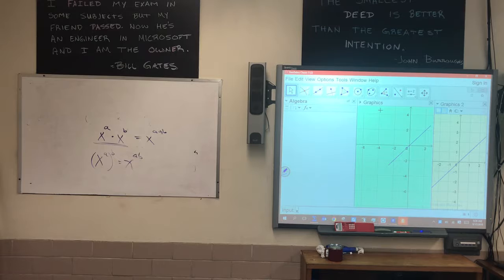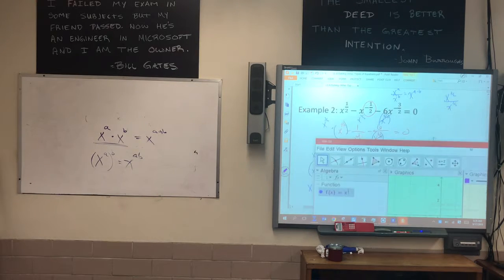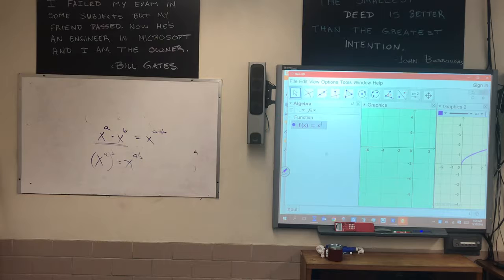The original problem, x to the 1/2 minus x to the negative 1/2. Was it -6 then? x to the negative 3/2.